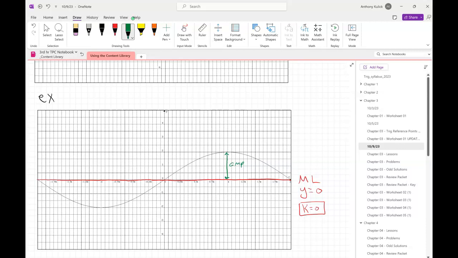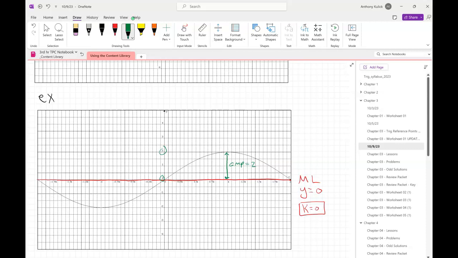Everybody agree with that? If I count, this point is at y equals 2, and the midline's at y equals 0. So how tall is that amplitude? It's 2 units, right? If I went from 0 to 2. So far, so good.